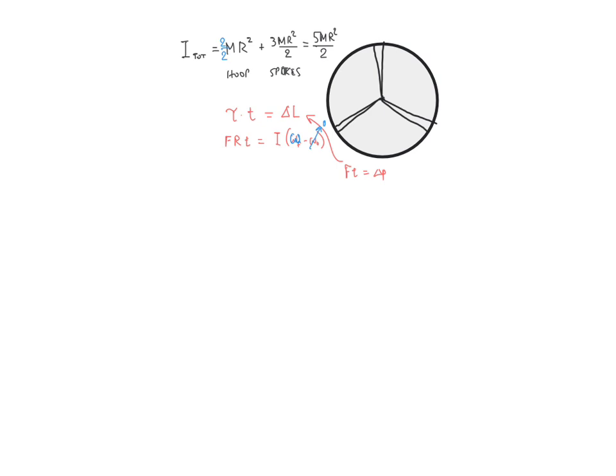So we have F r t is equal to the inertia, which we found up here, 5 mr squared over 2, multiplied by omega. You have an r on both sides, which we can cancel out, and you just want to solve this equation for omega because it puts it in terms of all the other variables that are allowed.